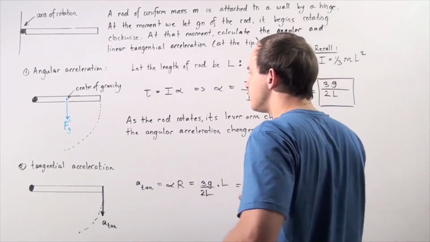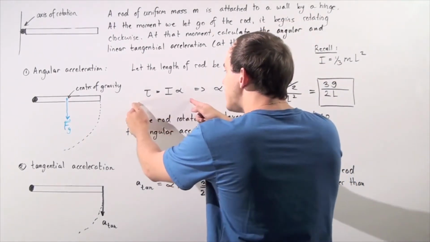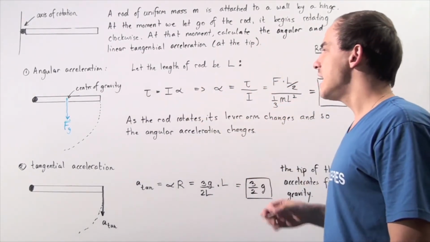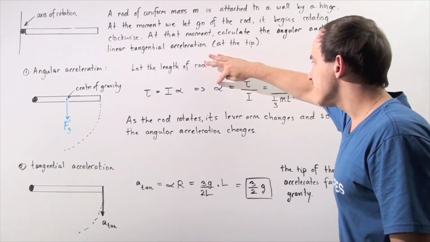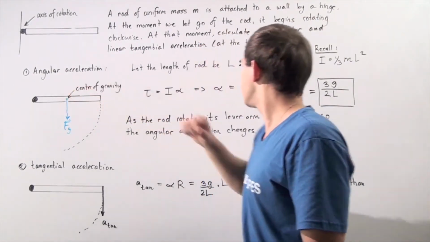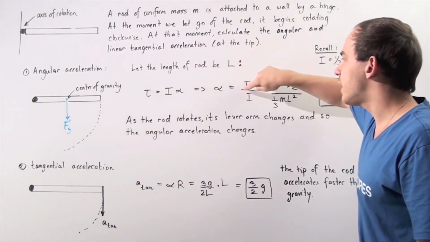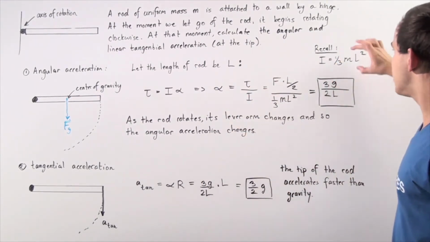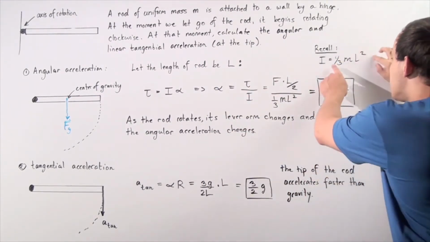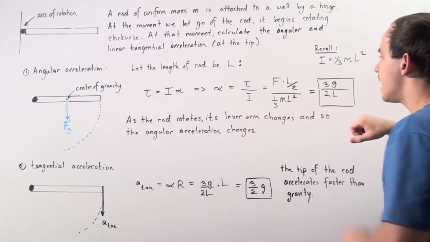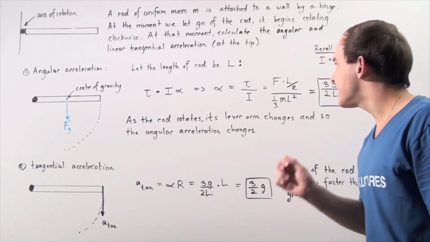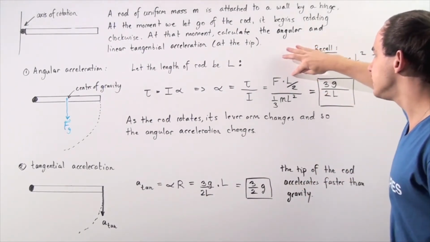Knowing this information, let's rearrange this equation and solve for alpha, our angular acceleration. Angular acceleration is equal to the torque divided by the moment of inertia. The moment of inertia is given by this formula, so we substitute this into I, and then we substitute M times g times our lever arm L divided by 2.